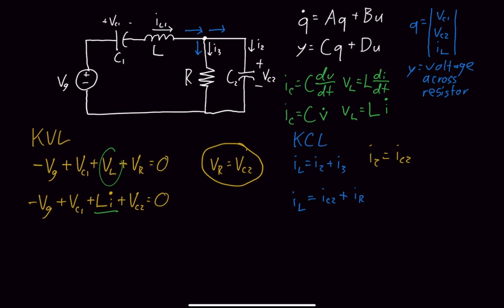So how do we find this IR? Well, what is the current going through the resistor? E equals IR, and we know the voltage across the resistor is VC2. So VC2 over R equals I3.